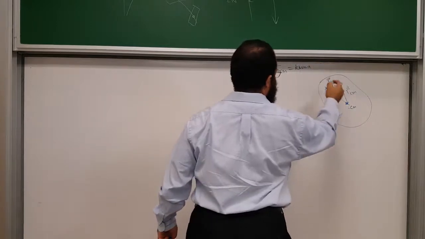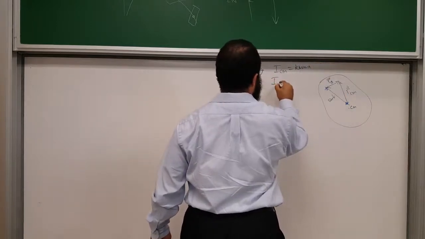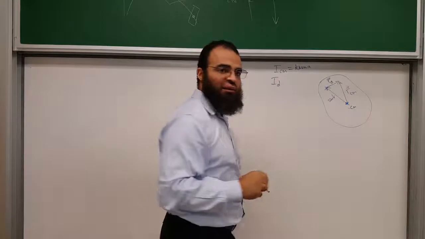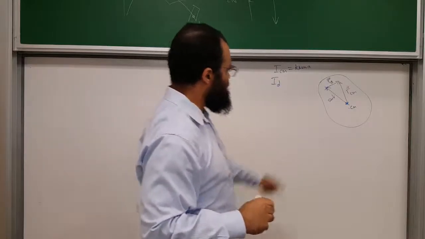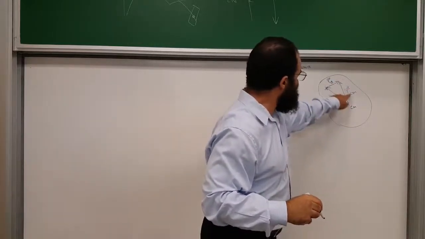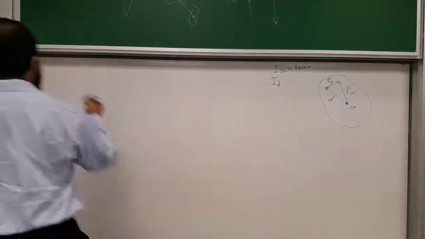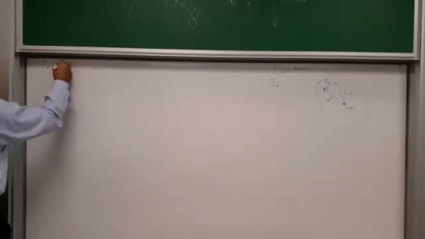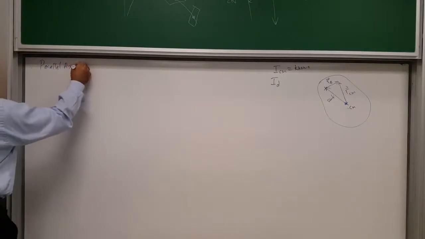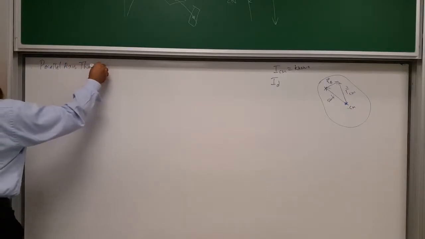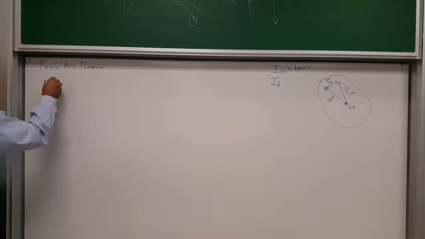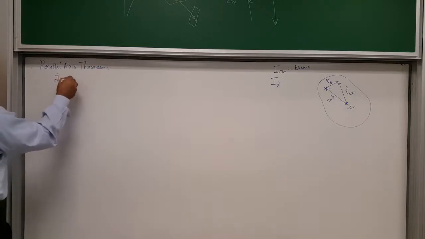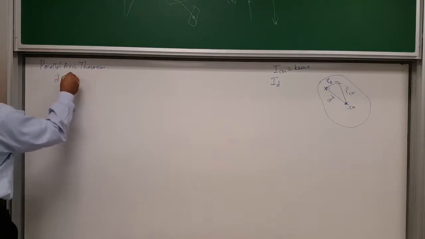Now, I want to know the moment of inertia about this new axis D. So first of all, you have this vector plus this vector equals R center of mass.